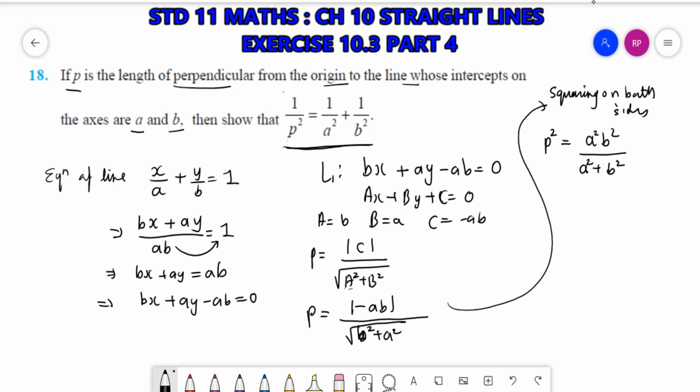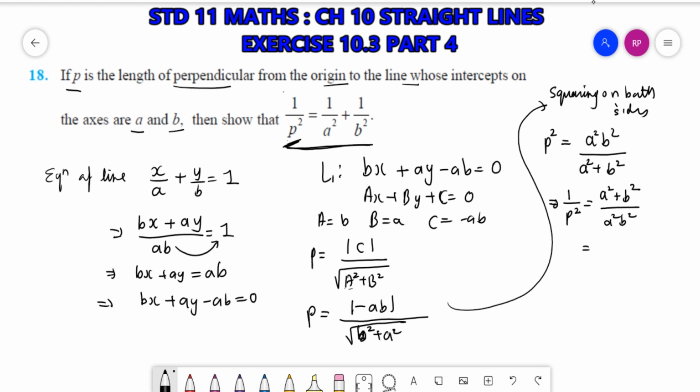Now see, in LHS I want 1 by P square, so what I will do, I will take a reciprocal. This implies 1 upon P square will be equal to (a square plus b square) upon a square b square. Okay, now I will adjust the numerator. I will just separate this.